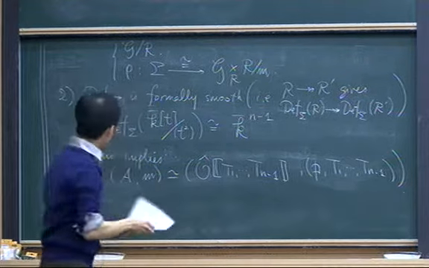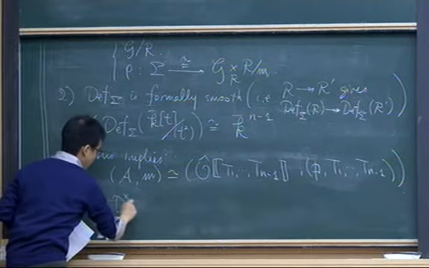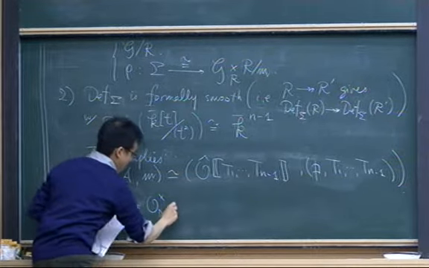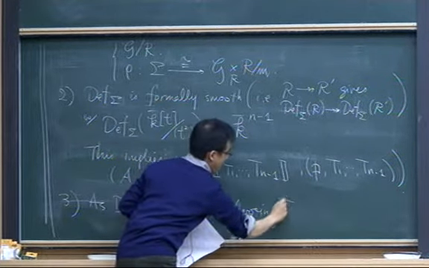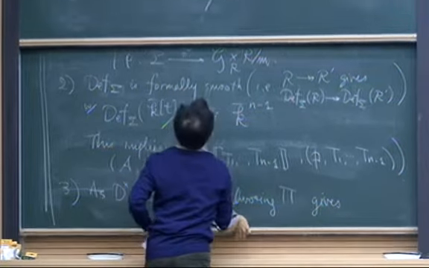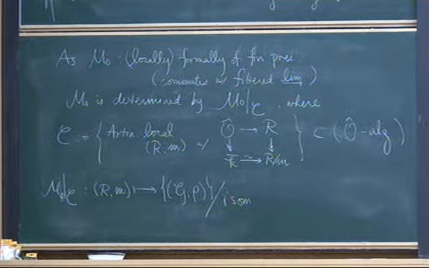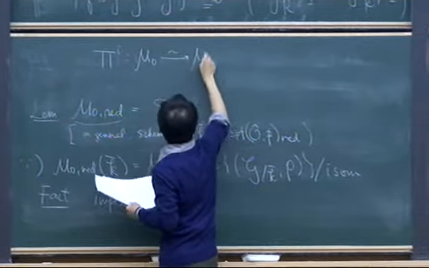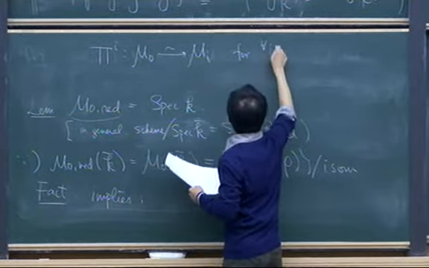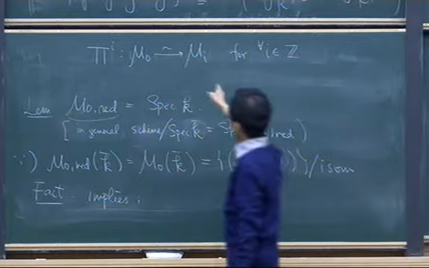Well, once we know what M0 is, if I choose a pi, then as I remarked some time before, it will give you an isomorphism between the height 0 part and the height i part.